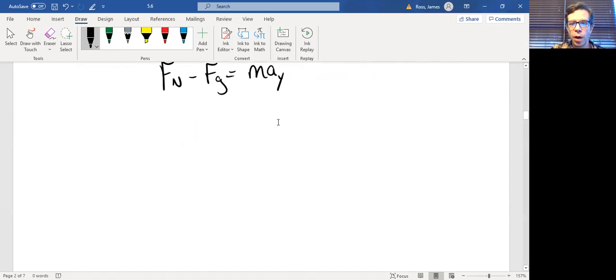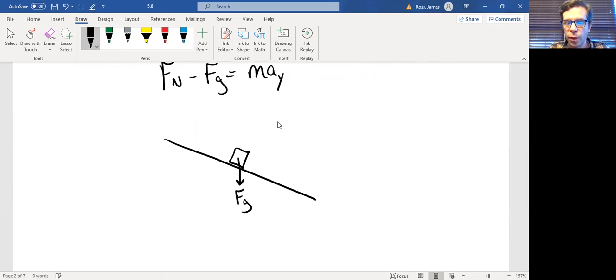All right, so let's look at a more complicated one. Let's look at an object on a ramp. And this is a case to introduce the idea of direction, right? If I just am given this object on a ramp, well, I know I've got a force of gravity.